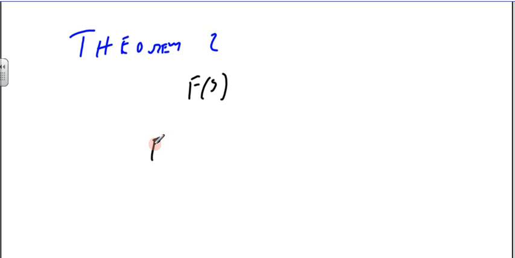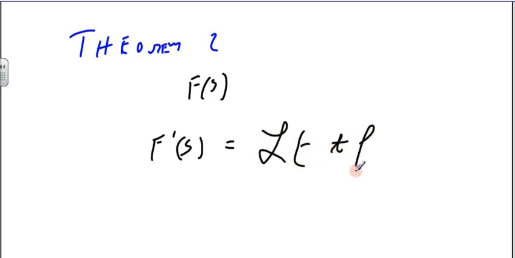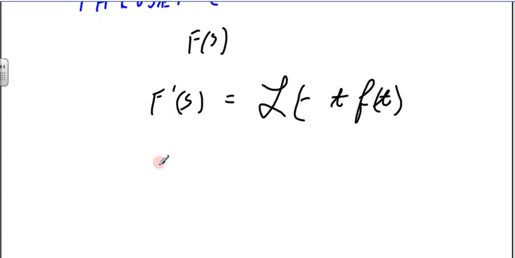What do I have if I take the derivative of F of s? Well, that's going to be the Laplace transform of minus t f of t. This is where we break away from no calculus. So I'm obviously doing calculus here.